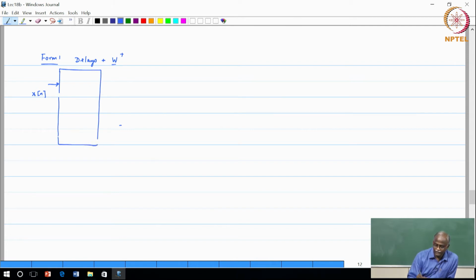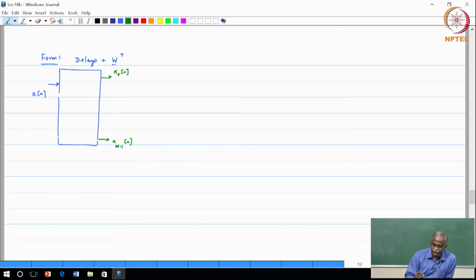What is inside is a delay chain with the IDFT matrix, and the outputs are M outputs, labeled x sub 0 of n through x sub M minus 1 of n.